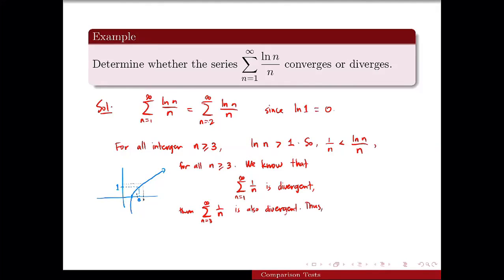Thus, again by comparison test, the series starting from 3 to plus infinity of ln n over n is also divergent.